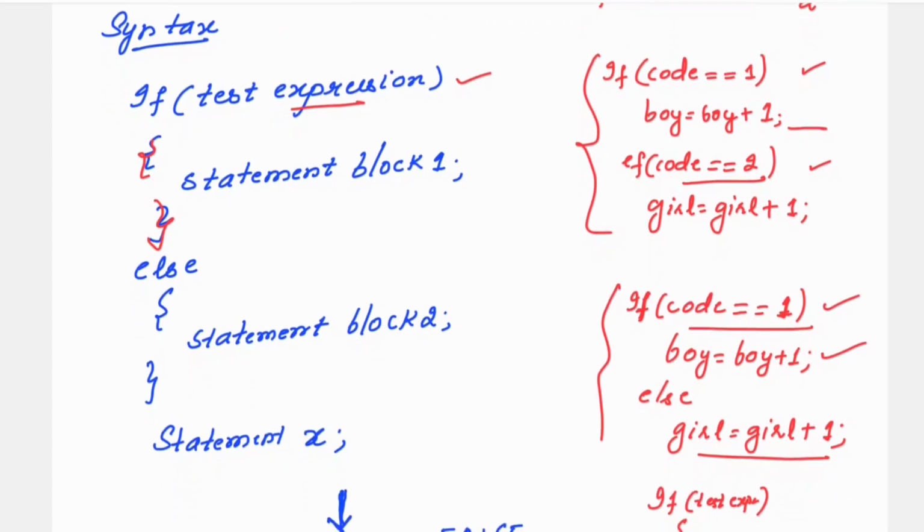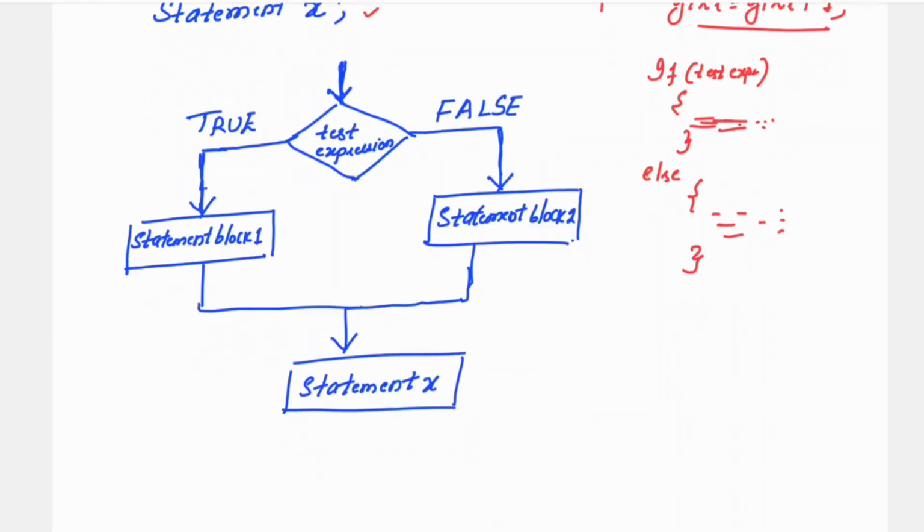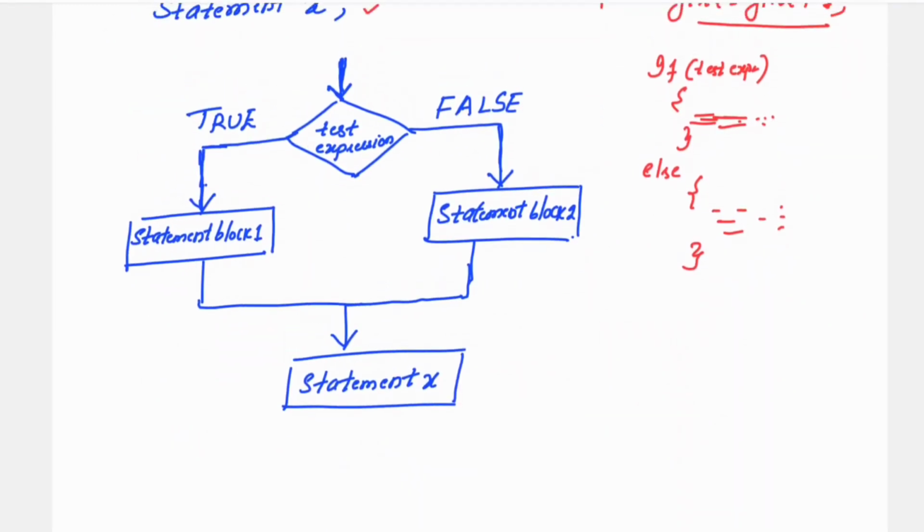Else, if the condition in the test expression is false, then statement block 2 will be executed, followed by statement X.